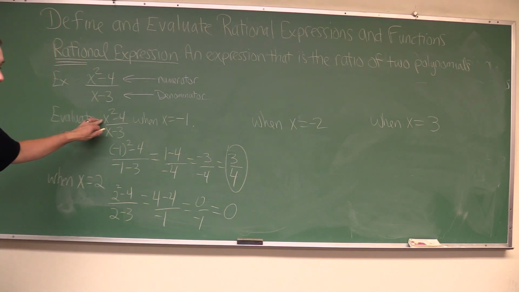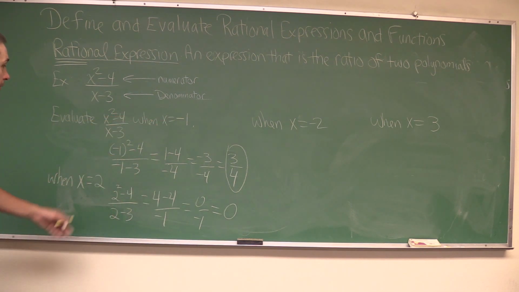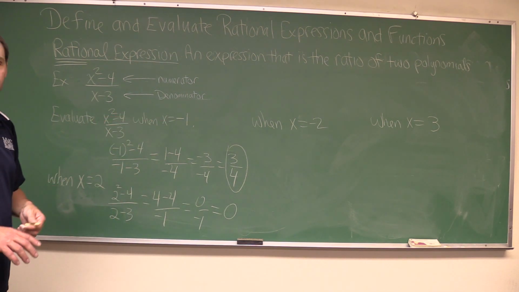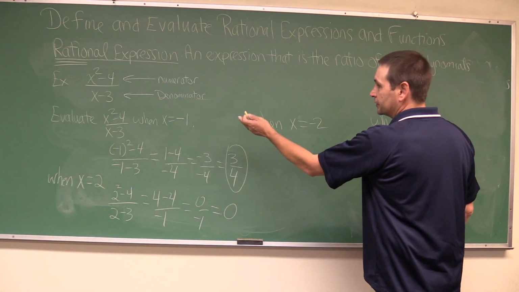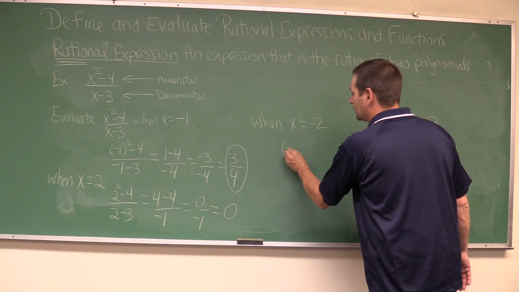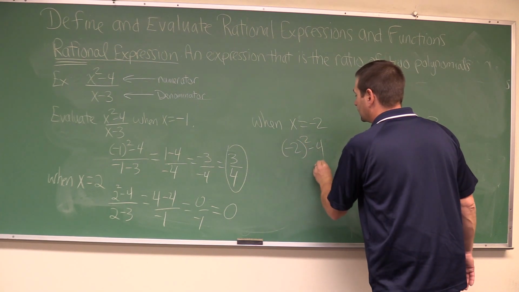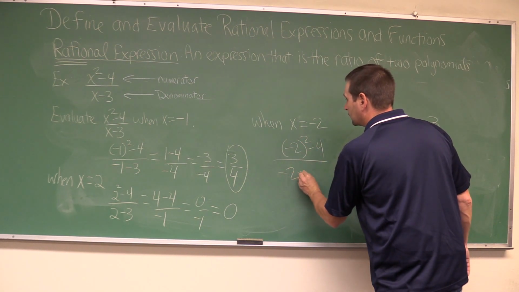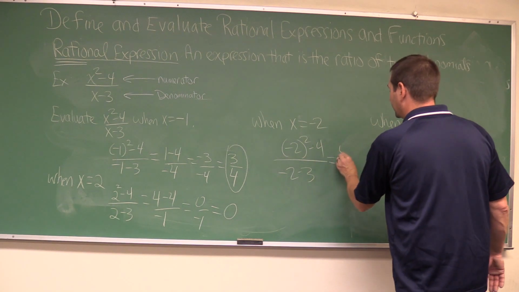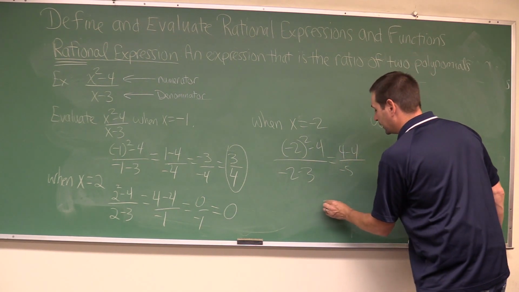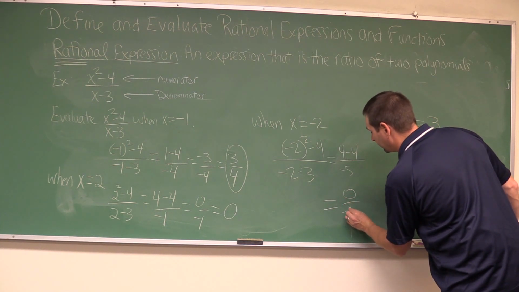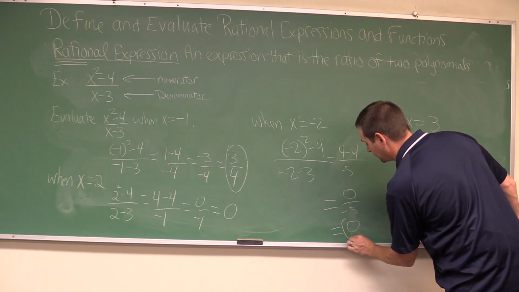Another value will be -2, right? And that's the next one we'll try because when you square the negative, it becomes a positive. So if I want to evaluate this thing when x equals -2, I end up getting 4 minus 4 all over -5, which ends up being 0 over -5, which is 0.